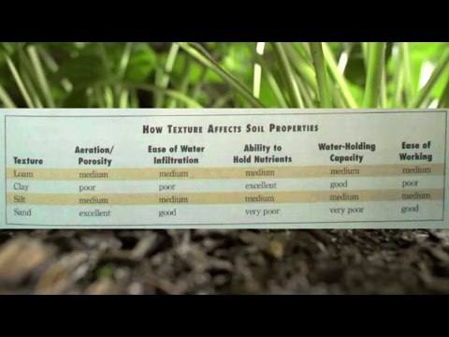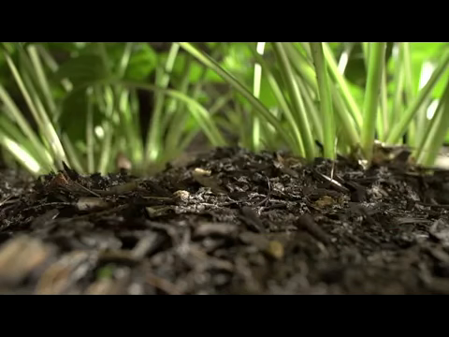Silty soil has medium porosity and ease of water infiltration, a medium ability to hold nutrients, a medium water holding capacity, and a medium ease of working. Sand has excellent aeration and porosity and good ease of water infiltration, but a very poor ability to hold nutrients and water holding capacity. The ease of working is very good with sandy soils.